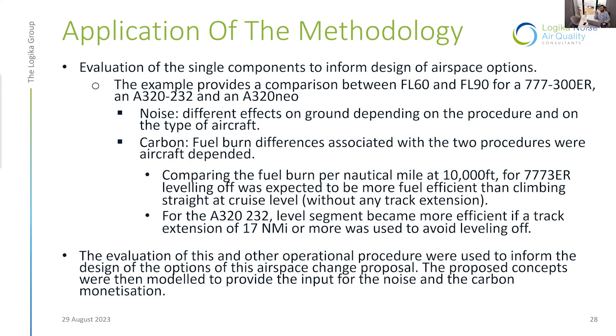So it would be important to understand what there is on the ground in order to prefer one procedure versus another. In terms of carbon, fuel burn differences associated with the two procedures were aircraft dependent.